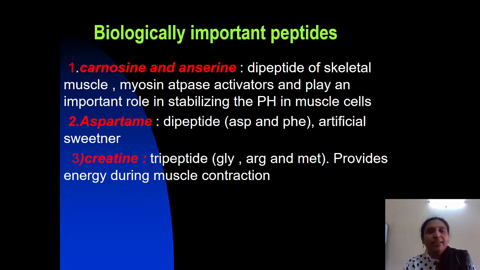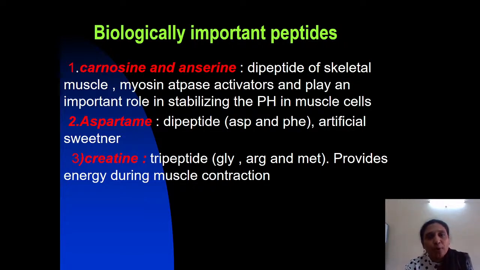Now when these amino acids are joined, that results in the formation of peptides. How have they been joined? By a bond known as a peptide bond. Two successive amino acids are joined by a peptide bond. How a peptide bond is formed, I have already explained in the previous class. The alpha amino group of one amino acid is joined to the alpha carboxyl group of another amino acid by losing a water molecule.